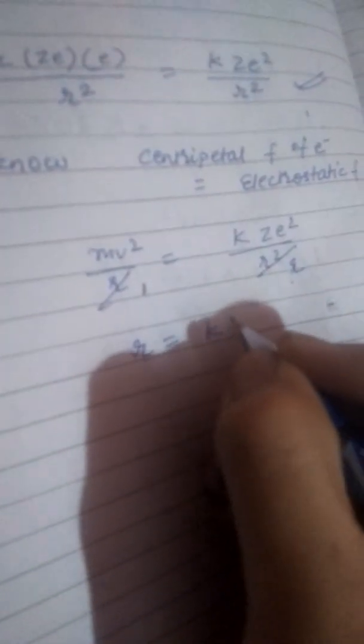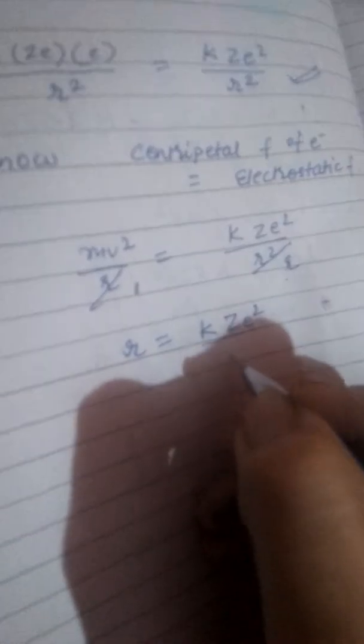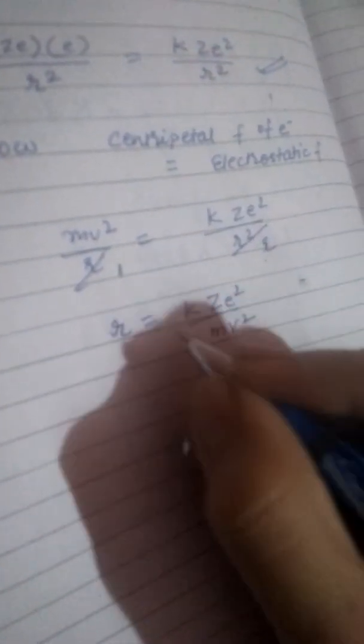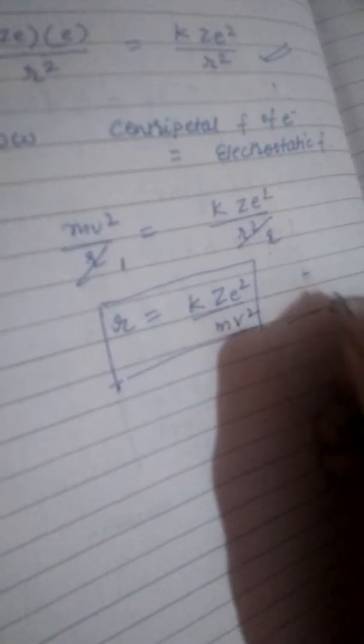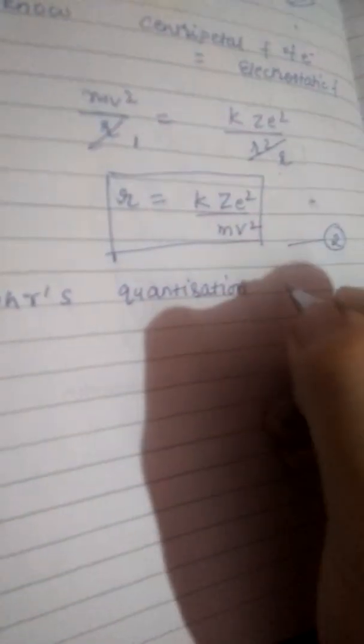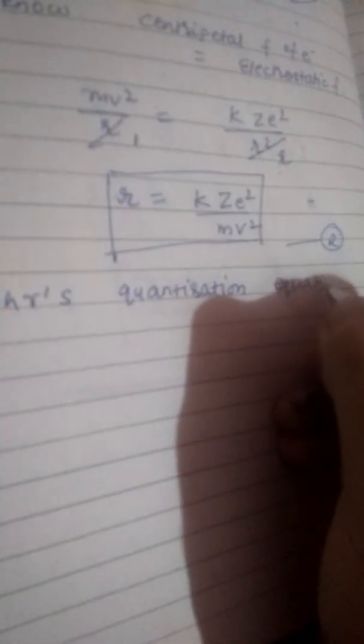It is the rule you have to remember, it's an important derivation. We will get this value, and we can mark it accordingly because we will be using it afterwards. Now the other thing that we have to do, we all know Bohr's quantization equation, which is a very important equation.